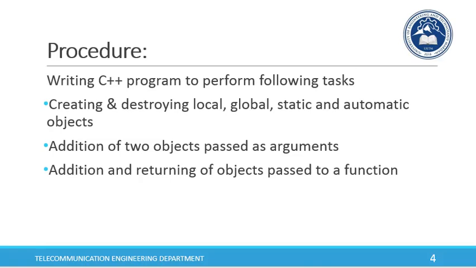The second task will be addition of two objects passed as arguments, and addition and returning of objects passed to a function. The title of the lab is constructor, destructor and passing objects as argument.